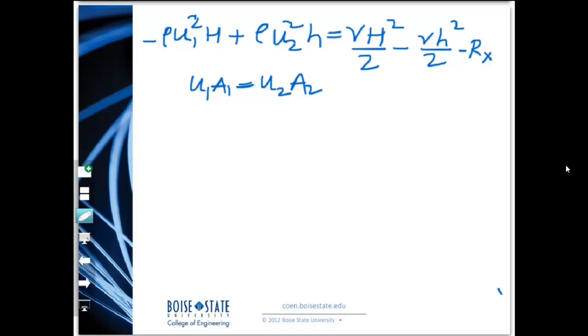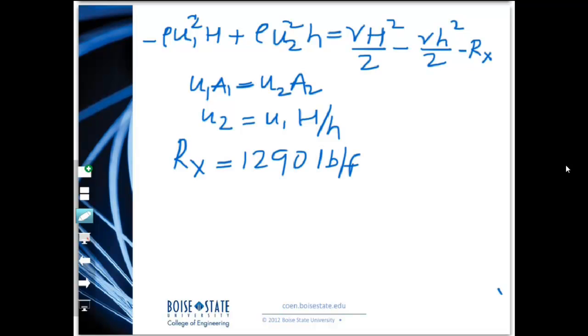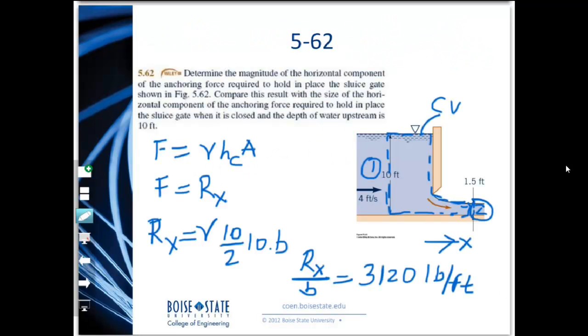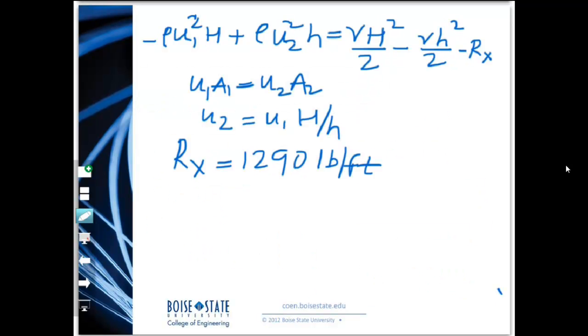So if you do that, you get u2 is u1 h over h, and then you know u1, which is 4 feet per second. So you have everything in the problem which is known except Rx. So if you go ahead and compute, Rx will be 1290 pounds per foot.